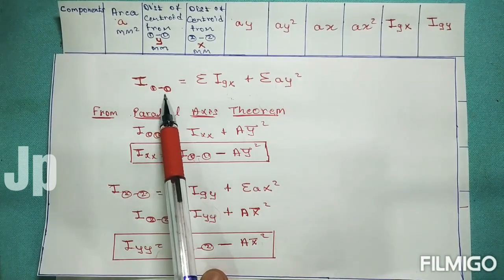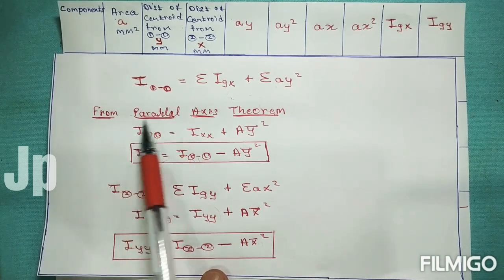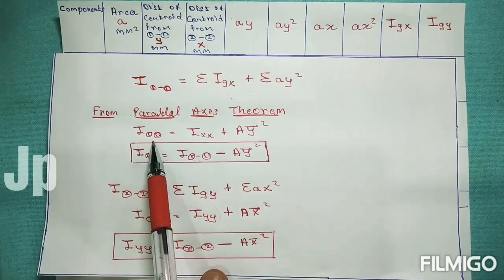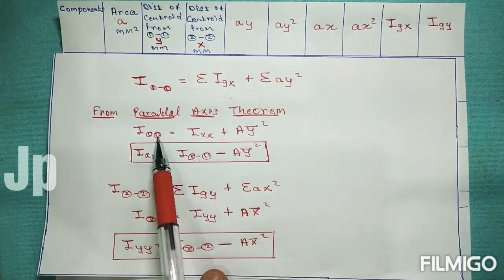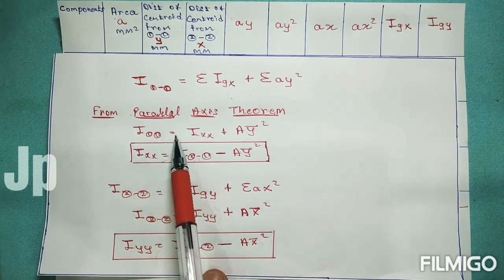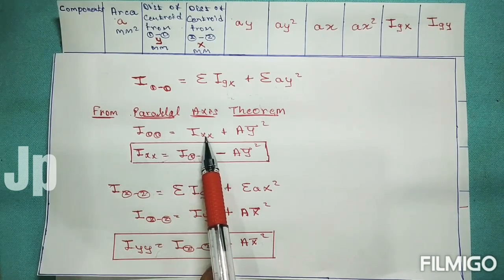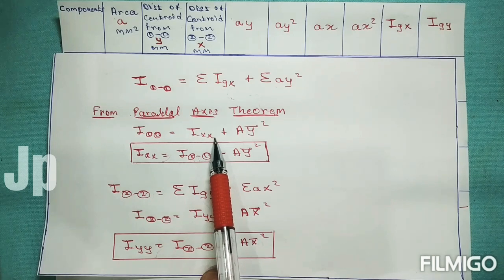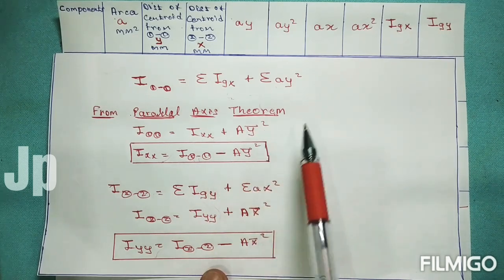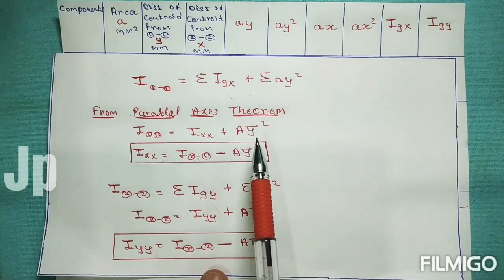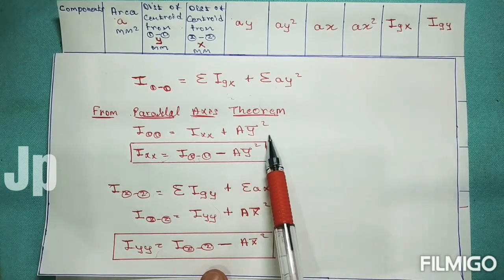So like that we will get the moment of inertia with respect to 1 1. Next, from the parallel axis theorem, you know the equation: the moment of inertia with respect to your reference axis 1 1 is equal to the moment of inertia along the x direction plus area into y bar square. So y bar is the CG distance in the y direction.